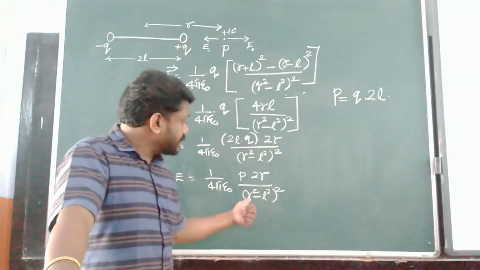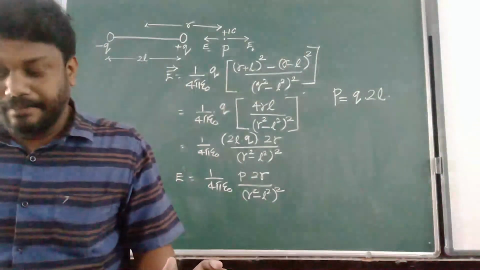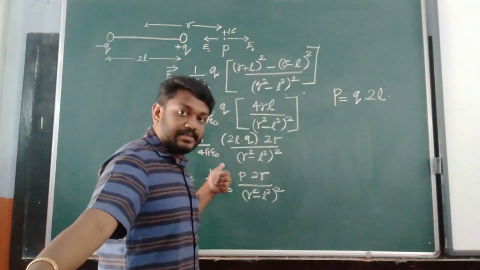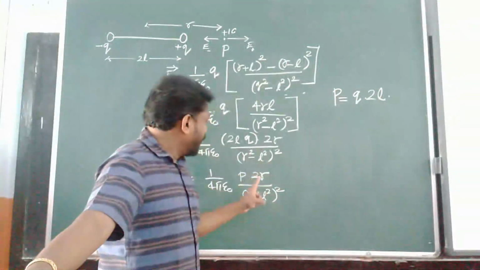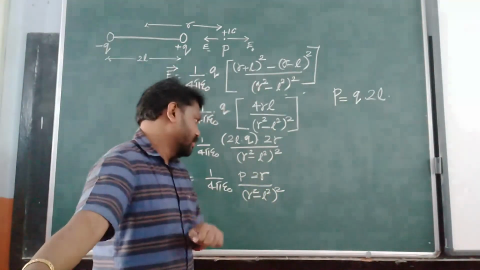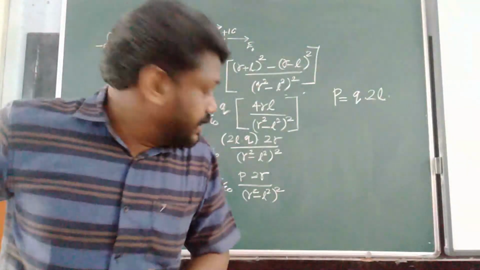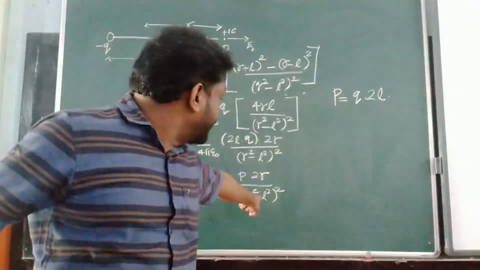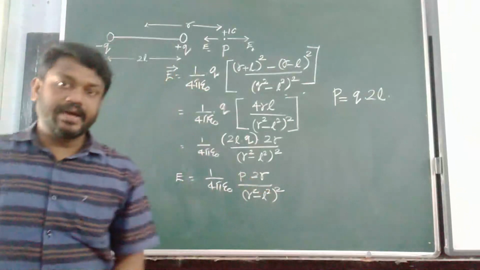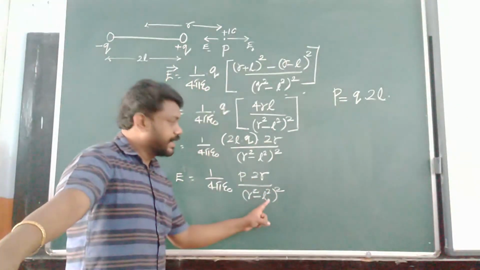And what is this R and L? R is the distance from the center of the dipole to the required point, and L is the length of the dipole. So, when you are comparing L with R, R is much greater than L, so L can be neglected.